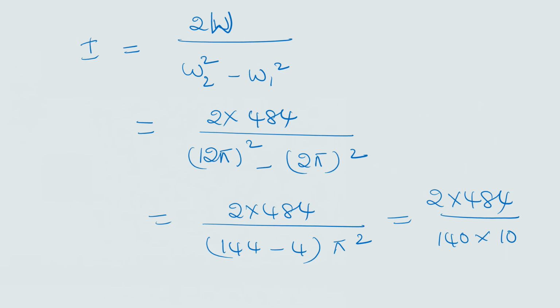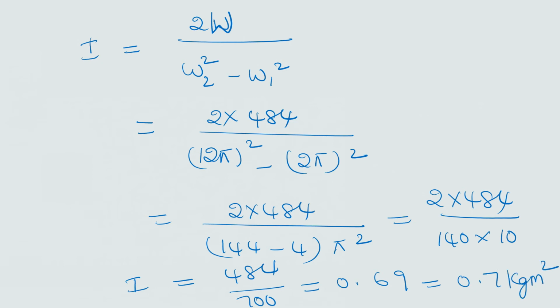So I is equal to 484 by 700, that is equal to 0.69. In terms of kilogram meter square, approximately we write 0.7 kilogram meter square. So moment of inertia I is equal to 0.7 kilogram meter square. Next we'll go to the next one.